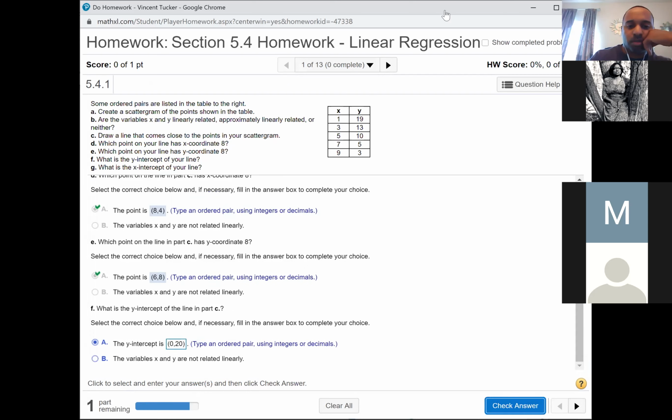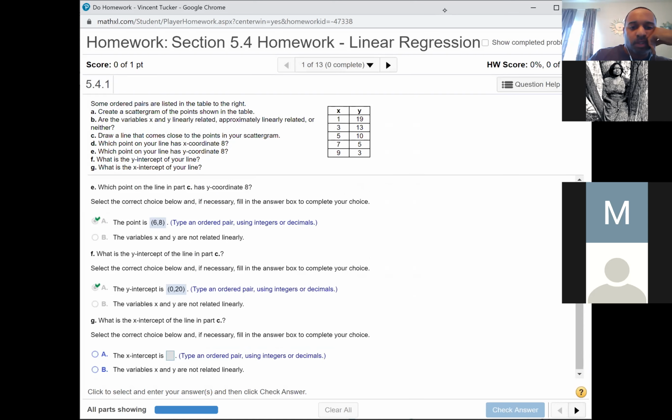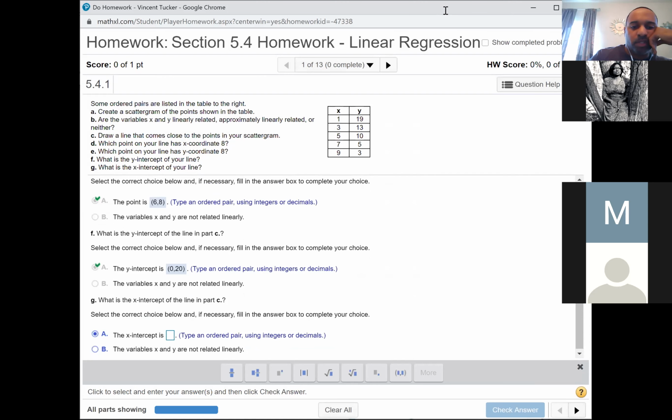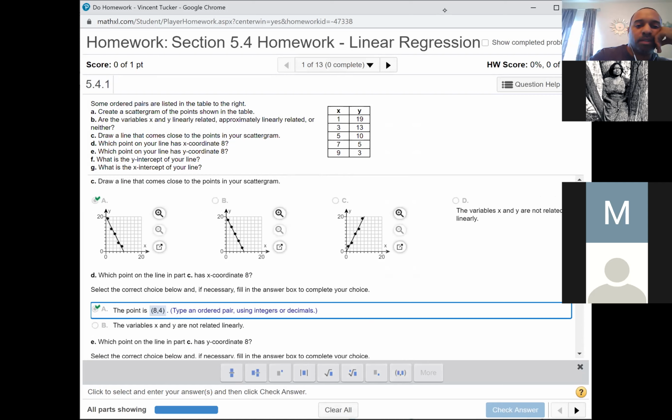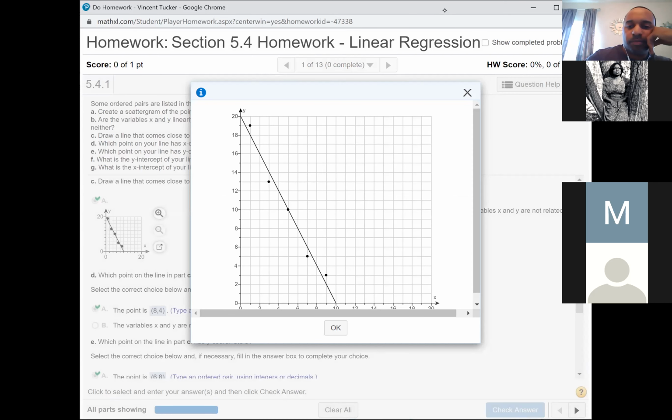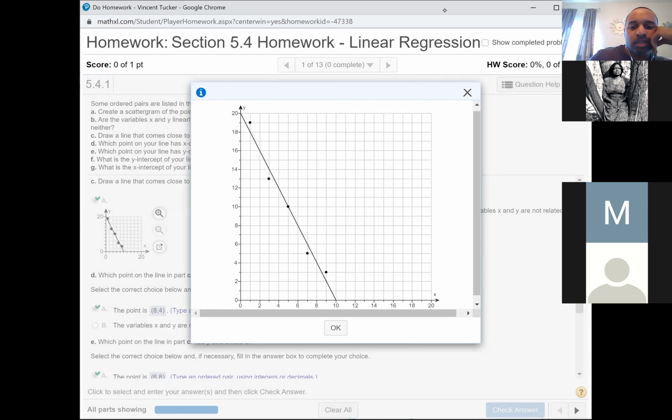All right. And then your x-intercept is when y is equal to 0. So go back. When y is 0, it's down here, and that's going to be 10.